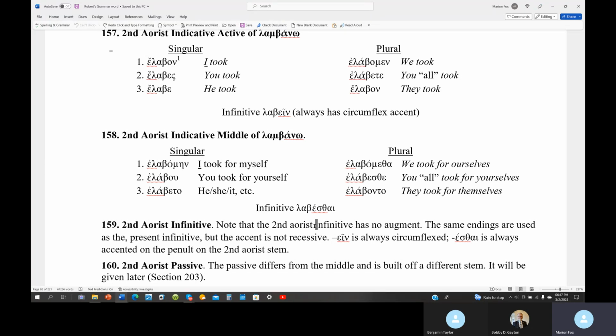Now, there'd be a difference in your two infinitives, and I probably ought to go back to that other file to let you see it. If you look at that other file, we have a circumflex on the iota, and we don't have it on the present tense; the accent is on the epsilon.